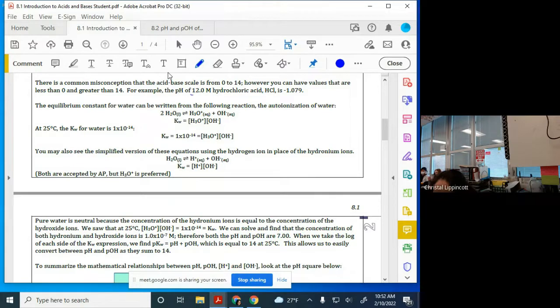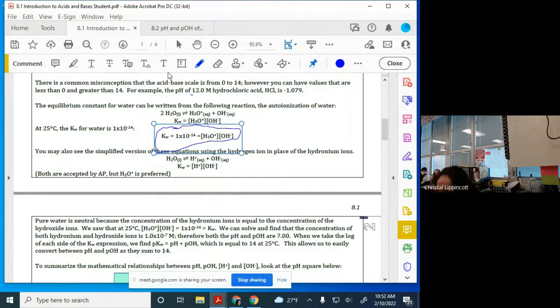Equilibrium constant then for water can be written as follows. Here is your reaction for that. So your Kw is going to equal H3O plus times your OH concentration. So your Kw for 25 degrees Celsius water is always 1 times 10 to the negative 14. And all of this stuff is written on your equation sheet for you.